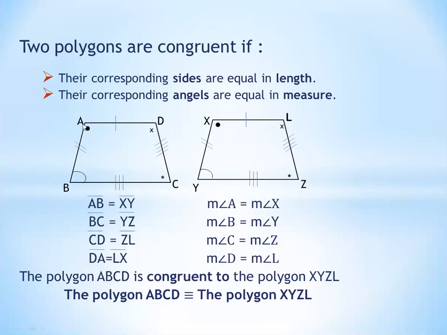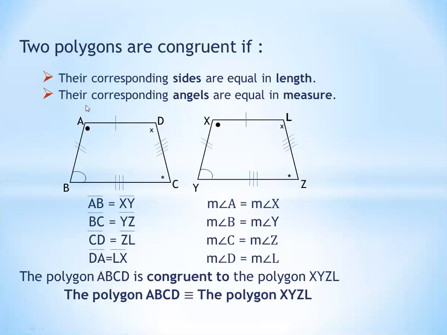Here, AD is equal to XL. AB is equal to XY. BC is equal to YZ. CD is equal to ZL. That means their corresponding sides are equal in length.